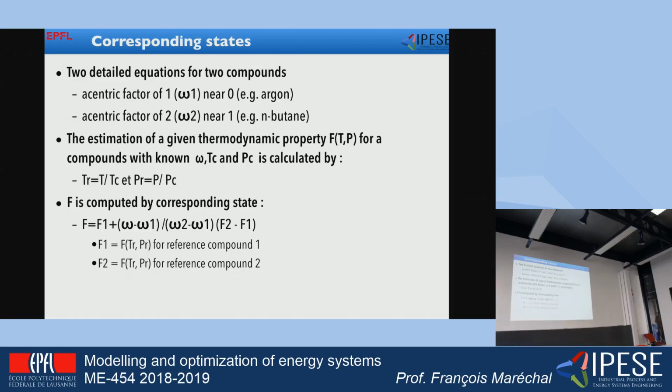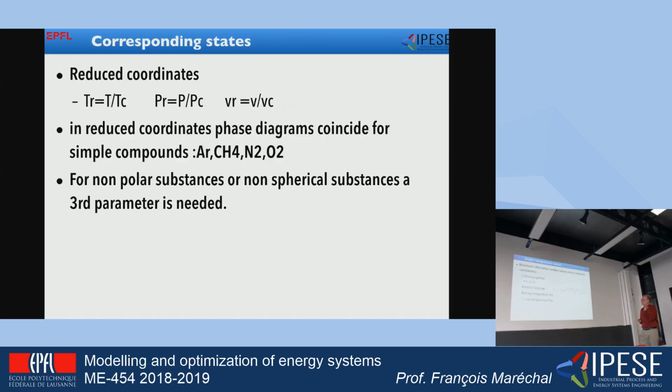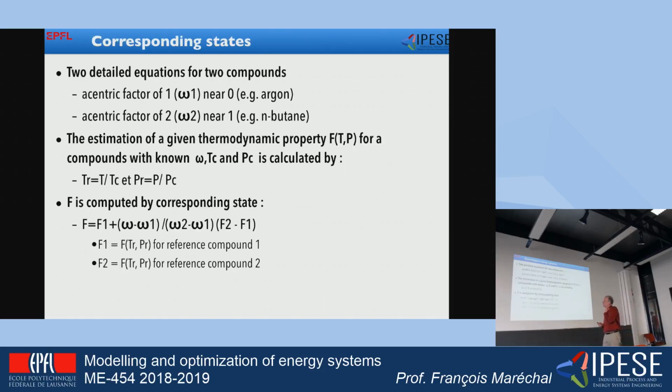And from there, the people have then deduced a relationship that allows to estimate the value of all the different coefficients that we have as a function of known coefficients by applying the formula that is here, that is going to say that if I know the factor, which was the one that I have introduced here, so the acentric factor here, for a compound that is a characteristic of the compound, if I know this factor, then I will be able to calculate any of the properties by mixing, by comparing, by analogy of this factor with respect to known molecules.